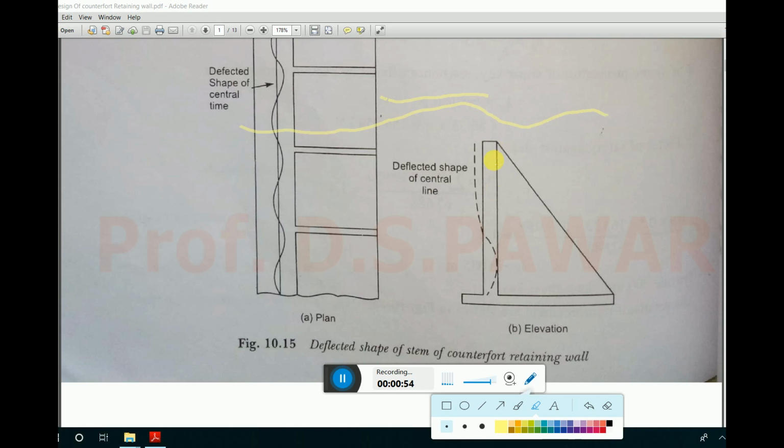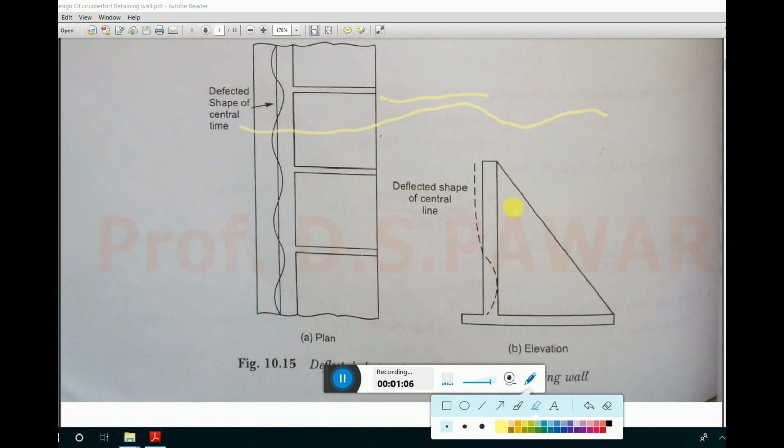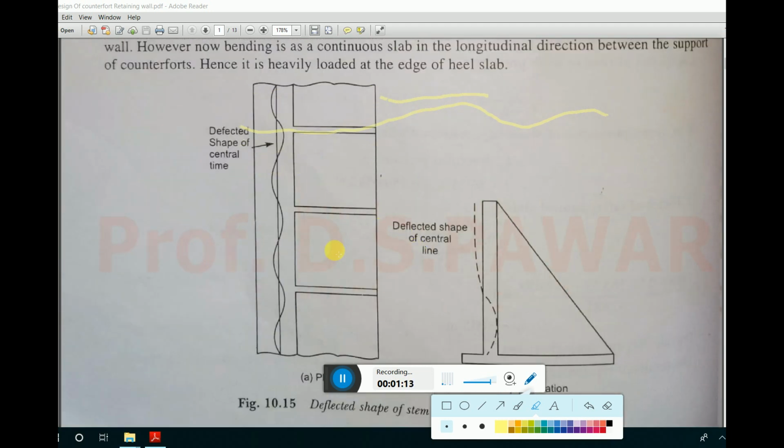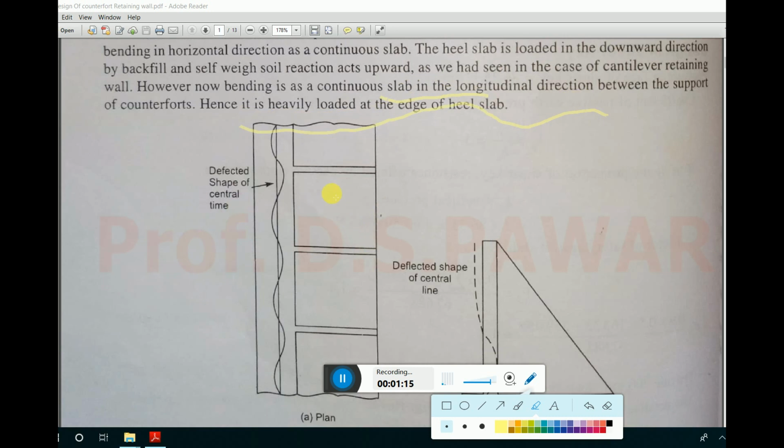The action of the stem is a cantilever action, and if height increases, the moment increases, and if moment increases, more steel is required. So to overcome this, they have suggested to provide the counterfort.